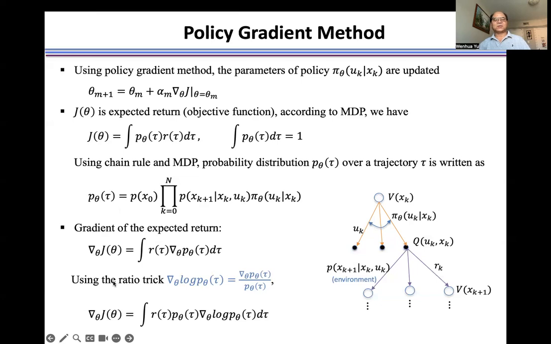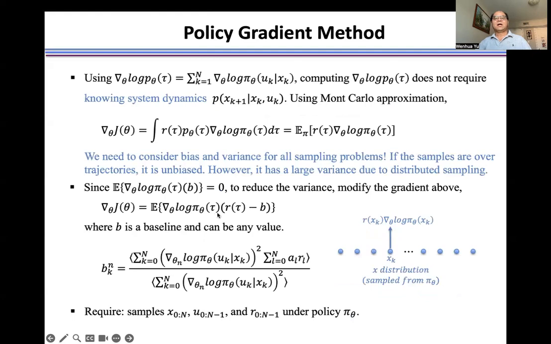Then we use the ratio trick. This formulation is the relationship between the log derivative and the derivative of the function. Then we can change the integral from this formulation to this formulation. Why do we do that? Because now we have this distribution, and we use the Monte Carlo approximation.